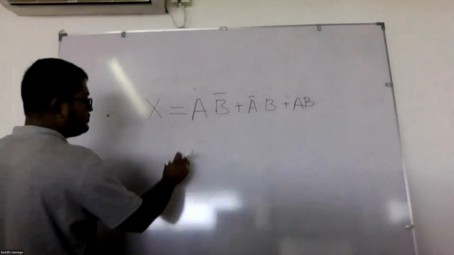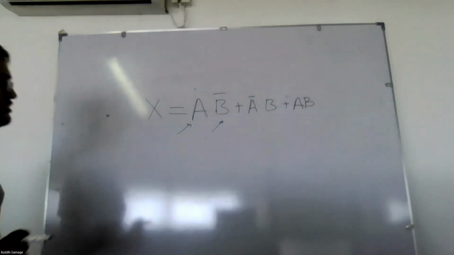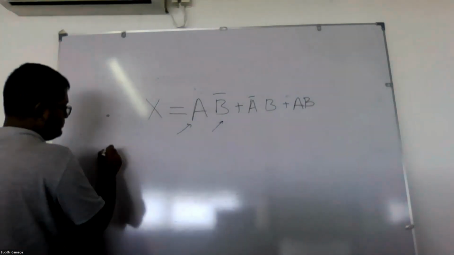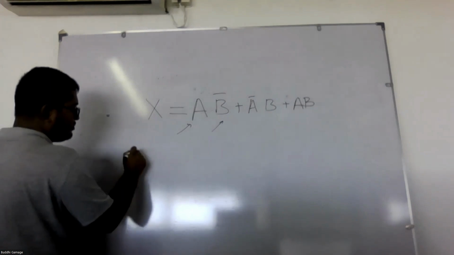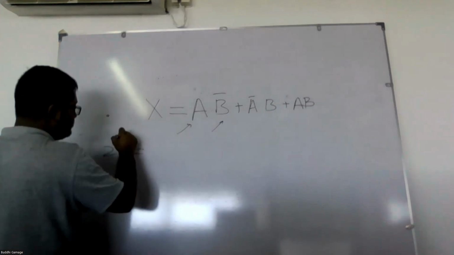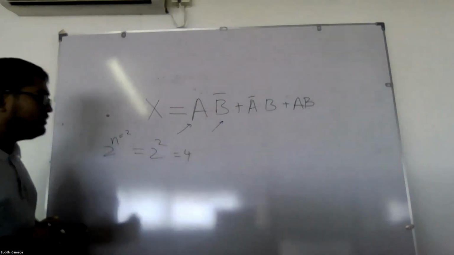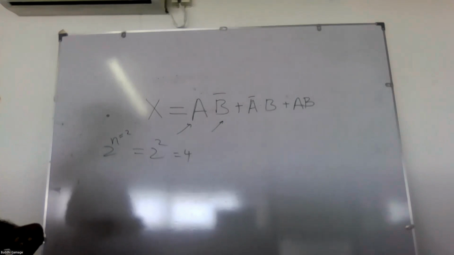There are only two variables, A and B. So that means how many rows should there be? Here n is two, so it means two to the power of two, which is four.